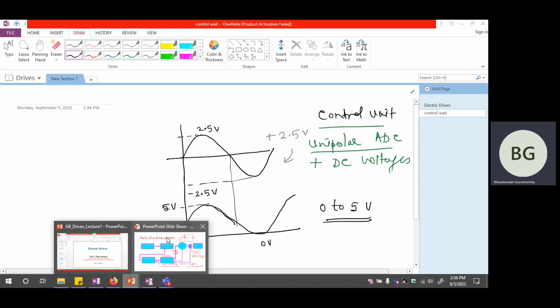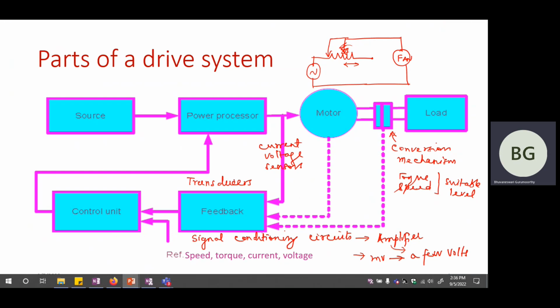One of those things could be the kind of signal conditioning circuit you may have. So the feedback circuit need not be a simple buffer, which will simply pass on the signal from the voltage sensor or current sensor directly to the control unit. Rather, it can have transducers, sensors, amplifiers, signal conditioning circuits, and so on.